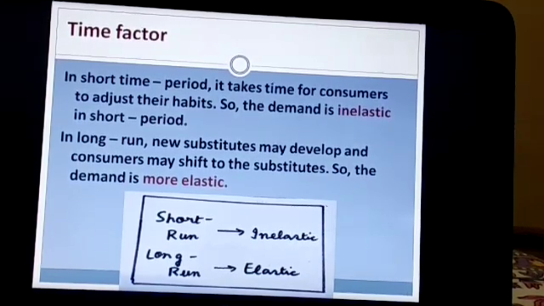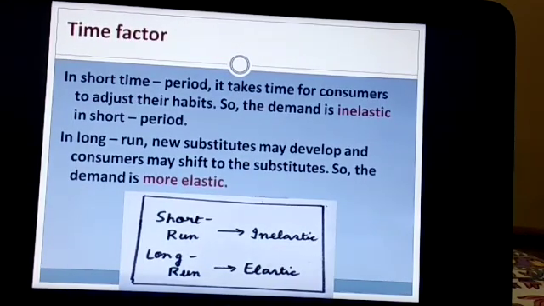So in the short period, consumers will take time to adjust their habits. They have become habituated to some product and it will take some time for them to change. So they will keep on consuming the same goods and the demand will be inelastic. But in the long run, close or perfect substitutes may develop, and consumers may shift to them.